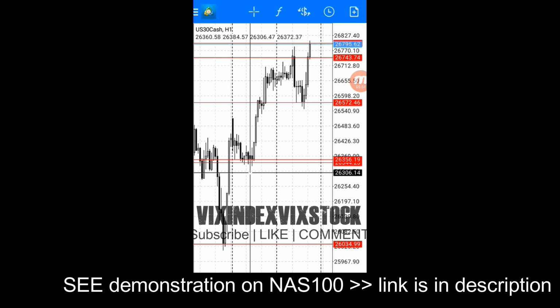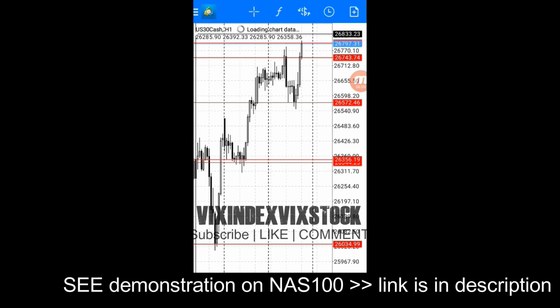You need the wicks when they come in to be stopping or ending at a similar level, which shows you that price does not want to go down. Price is not interested in going down, but price wants to go back up.